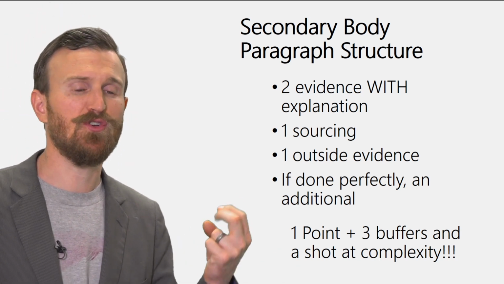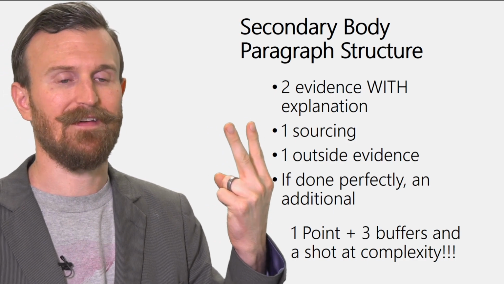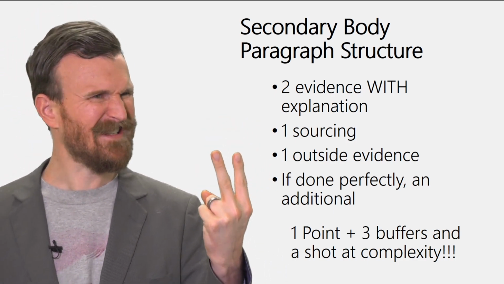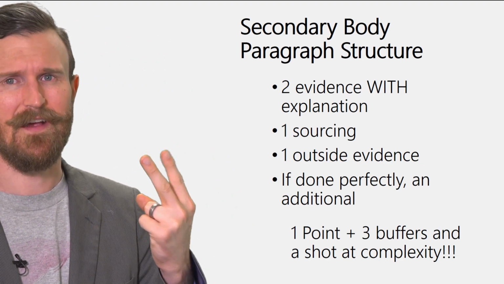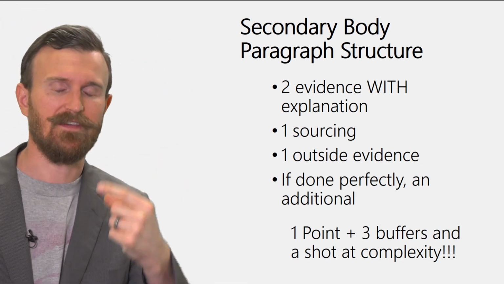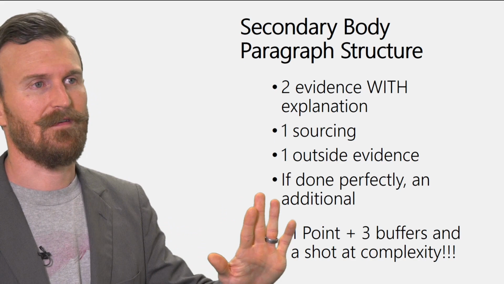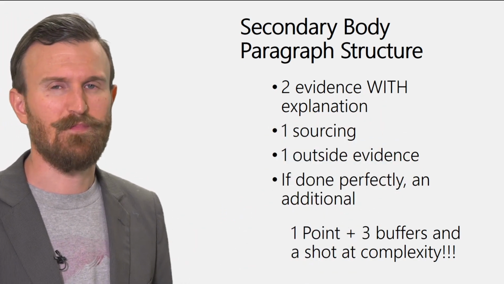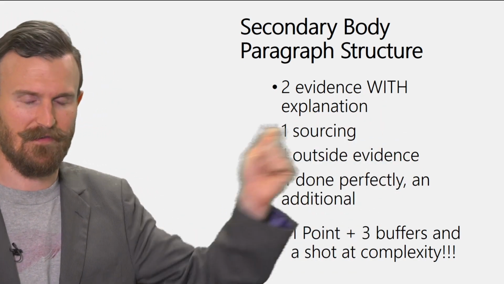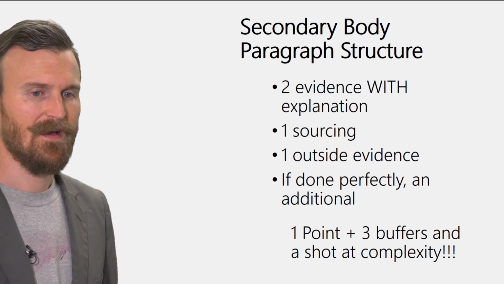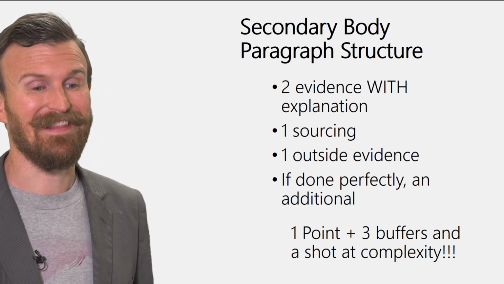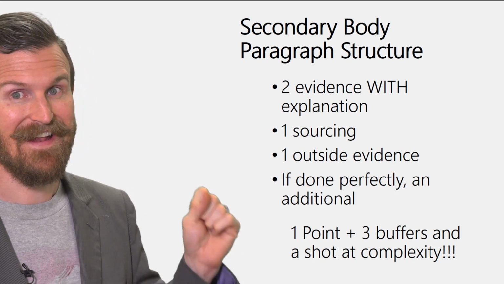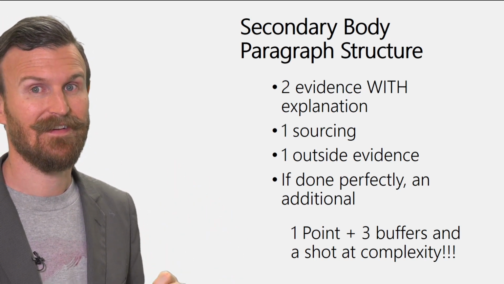You only need 2 evidences beyond the document, and you only need 2 sourcing, but we're adding 1 of each because of the real possibility you'll get those other ones incorrect. So once you have done this, you will likely have 9 points.